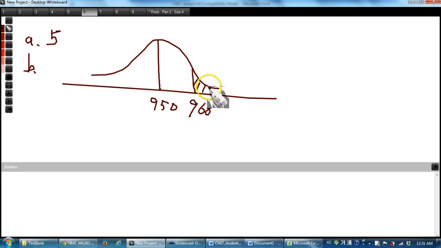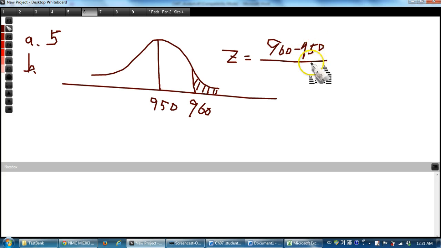So we want to get this area, and that will be coming out from the z value, that is 960 minus mu 950 and divide by standard deviation, in this case 5, so it will be 2. So you can go to the table 1 z table using 2.